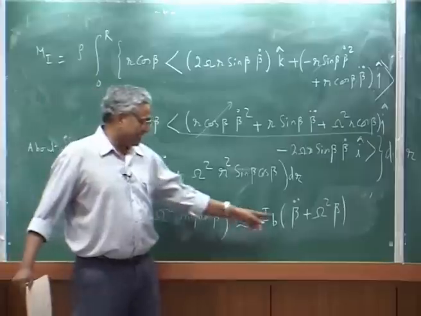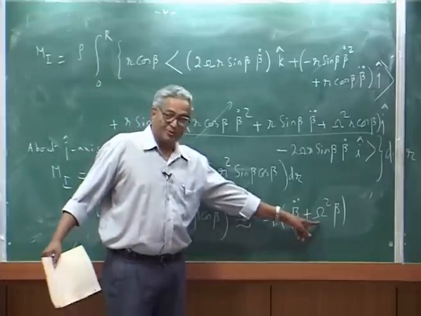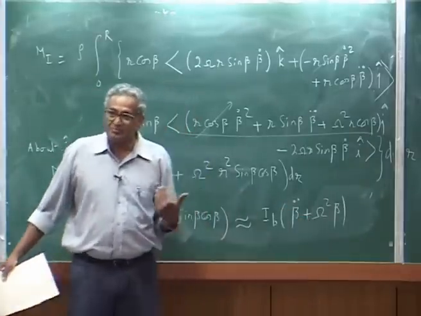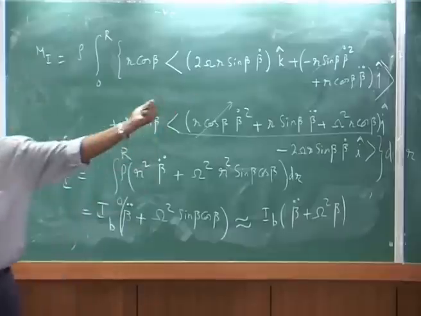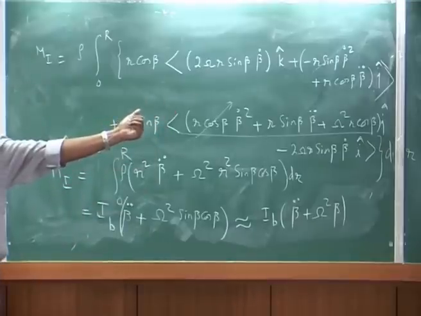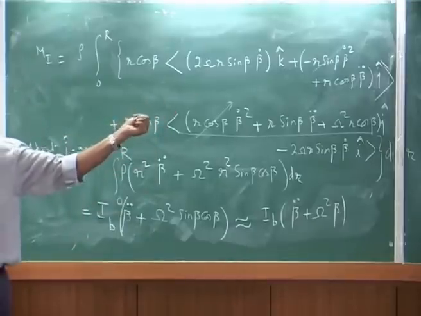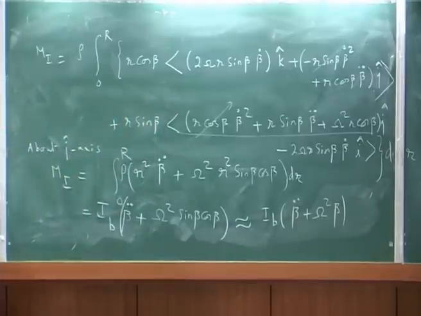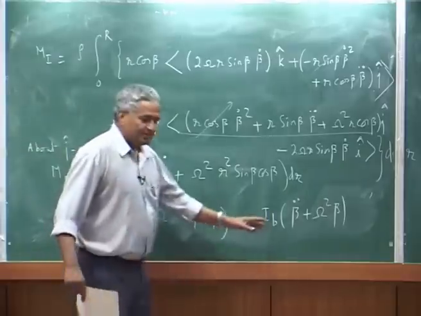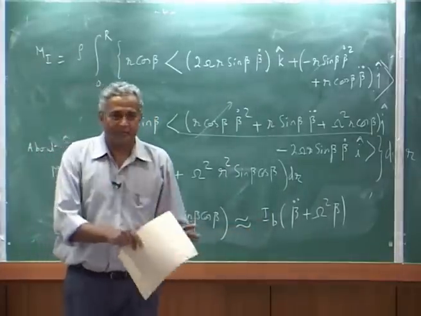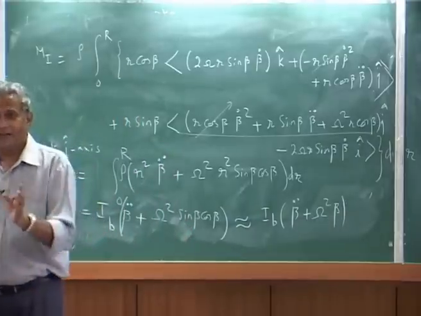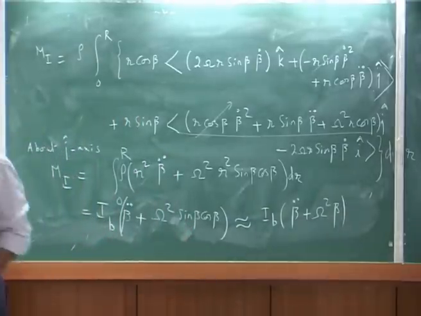Now you see there is an acceleration term, and this term omega square is due to centrifugal force. That is the centrifugal stiffness, because when you get the equation, you all know m x double dot plus k x equals some external force.